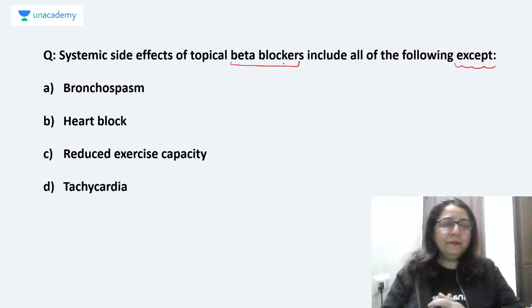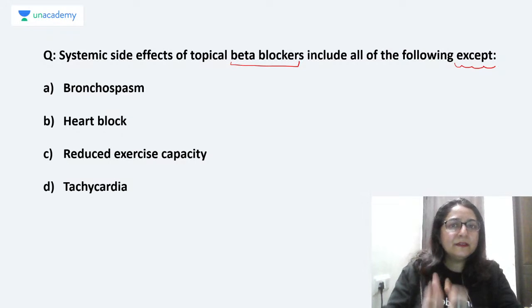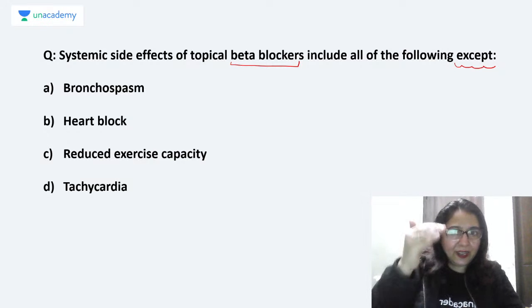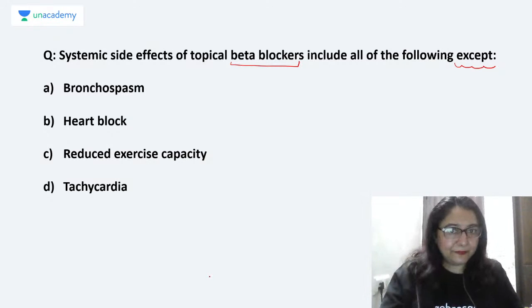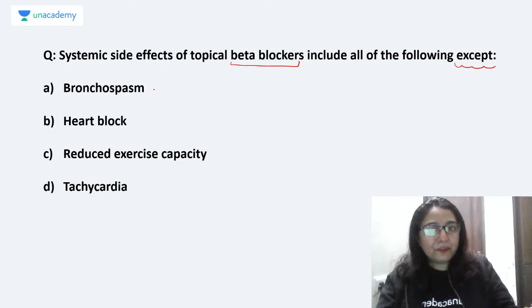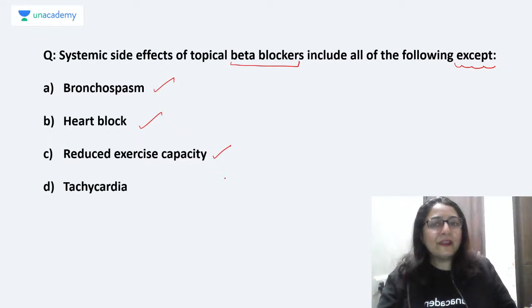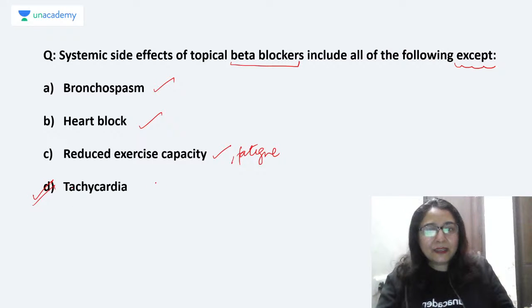So in any question I always tell, don't forget the except. Always carefully read the statement. Beta blockers reduce the sympathetic stimulation. They are sympatholytics. So bronchospasm, yes. Heart block, yes. Reduced exercise capacity, yes. Fatigue, yes. But they do not cause tachycardia. They cause bradycardia.